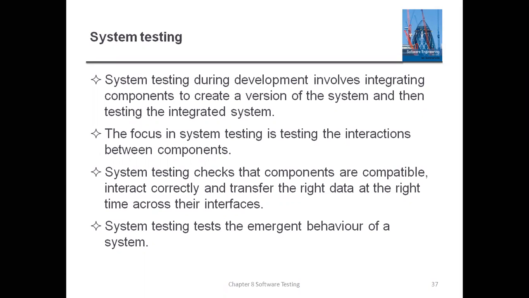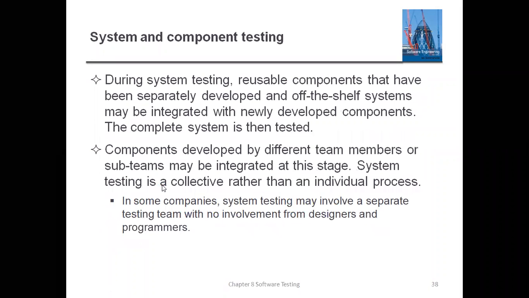All this emerging behavior of your system is what system testing covers. So before upgrading any platform or system, we should go for system testing. That is a brief about system testing.